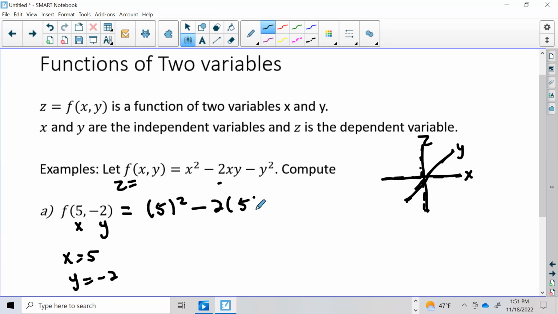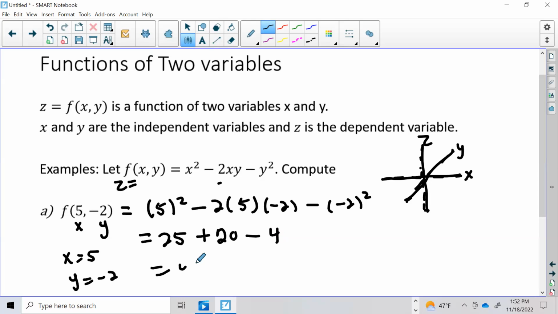So we have 5 squared minus 2 times 5 times -2 minus -2 squared. And then we just simplify. So we have 25 minus, -2 times 5 is -10, times -2 is a positive 20, minus -2 squared is 4. So we have 45 minus 4 and we get 41.